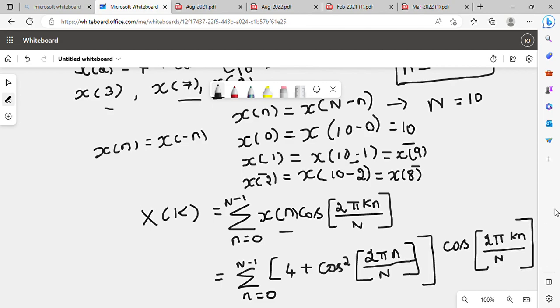Okay, so this is for your, just a minute, yeah. The condition is 0 less than or equal to k less than or equal to N minus 1.